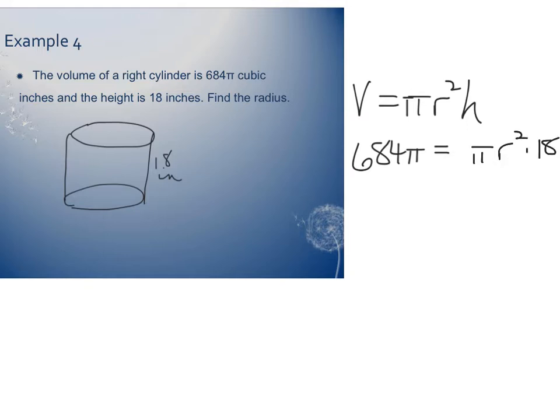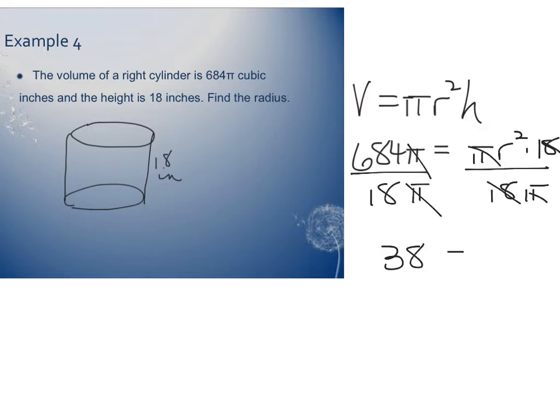So now I have to work backwards. So I'm going to divide this by 18 pi to get r by itself. So that cancels away. Also, the pi's cancel out. And then 684 divided by 18 is 38. And that's now equal to r squared. And then to undo the square, I'm going to square root. So my radius is equal to the square root of 38.